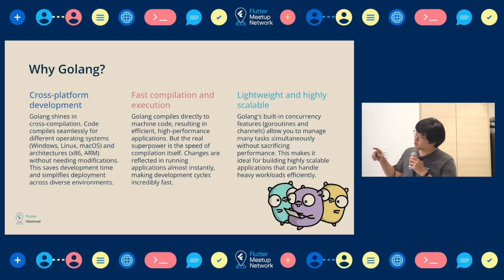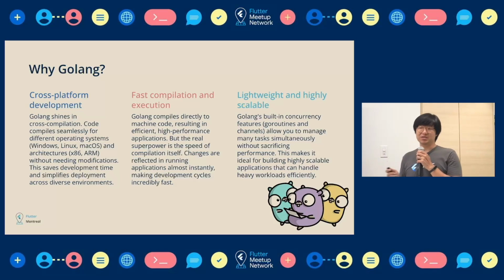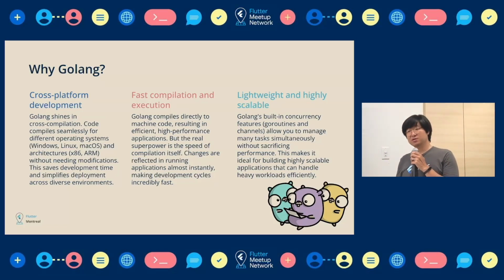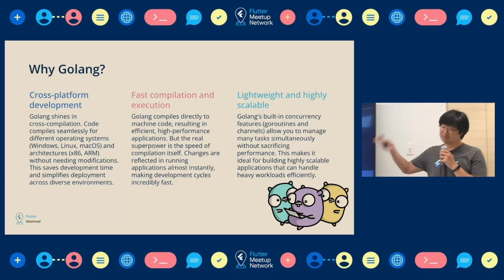And the really shining point of Go is the fast compilation. With Golang, you change your code, even if it's a big or small project, and the compile speed you cannot compare with any other language, actually. Google made Go to optimize their build process. That's what I heard like 10 or 20 years ago.